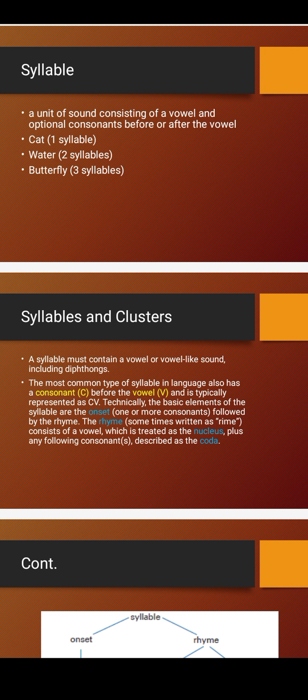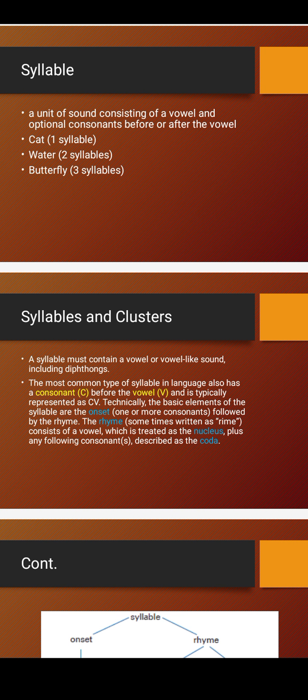For example, cat is a complete word, and it is also a syllable. In the example of water, "wo" is one syllable and "ter" is the second syllable, and these two syllables are parts of the complete word water.